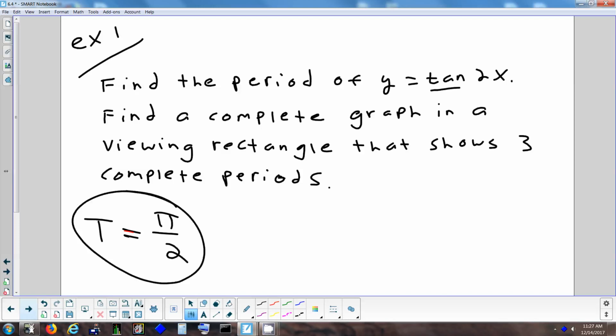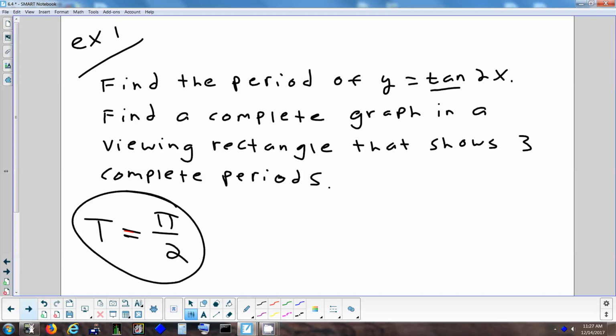Now it says find a complete graph. Does that mean on the calculator or by hand? Calculator, right? Complete window, that's the calculator. We want to show 3 periods. What did we just say? How big is one period? One period is pi over 2. I want to show 3 periods, so triple that.